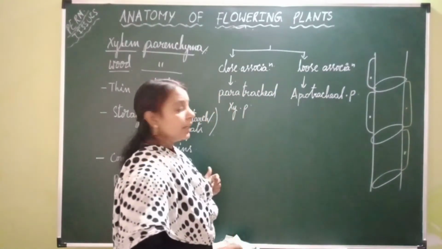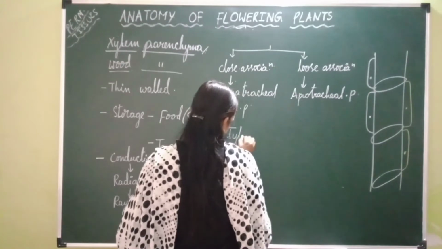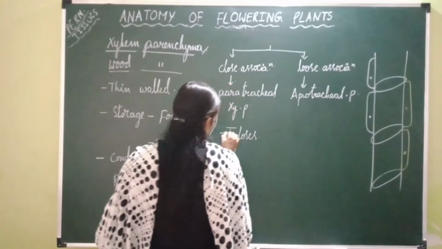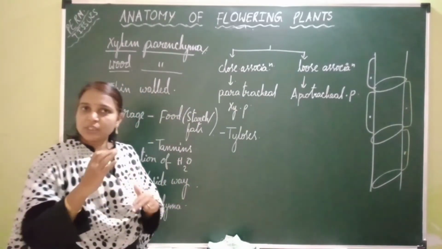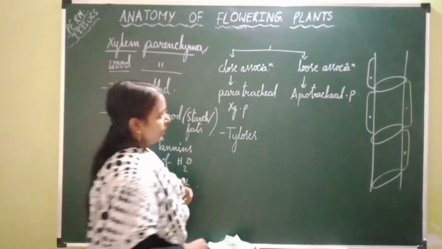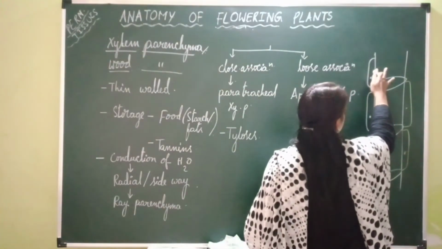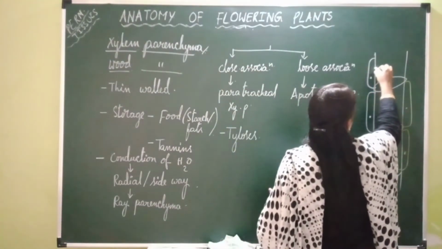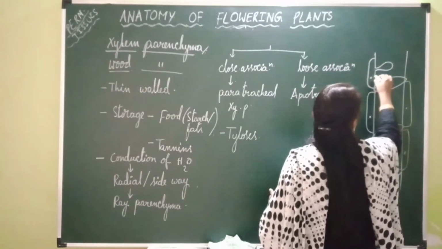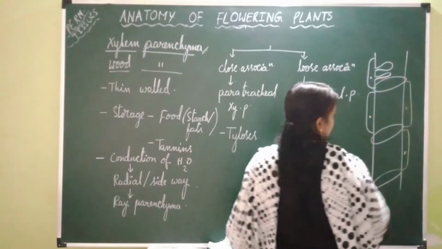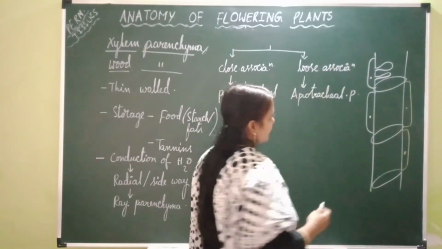Here I would like to discuss one point, that is tyloses. In case of old wood, meaning wood which is older, the parenchyma cells get bulged and protrude into the vessels, giving a balloon-like appearance inside the vessel.